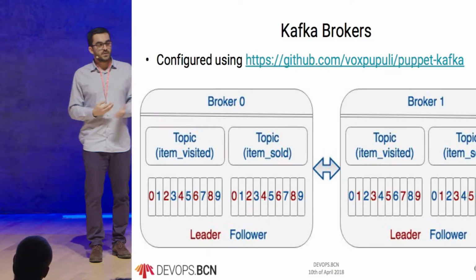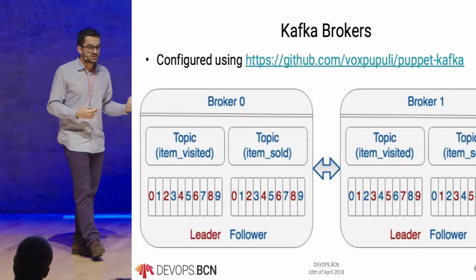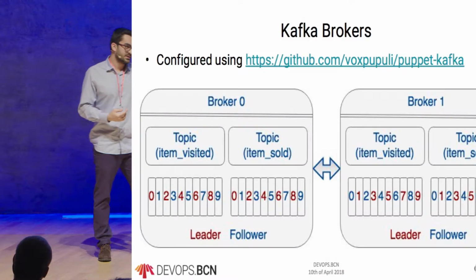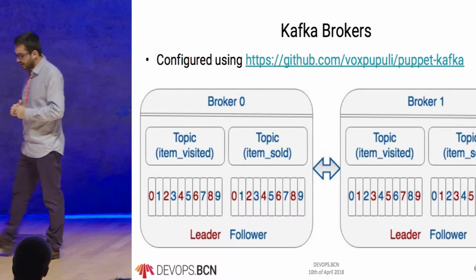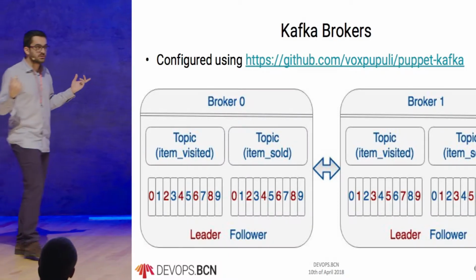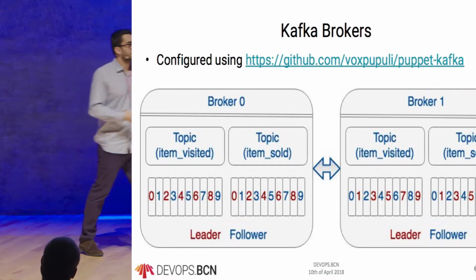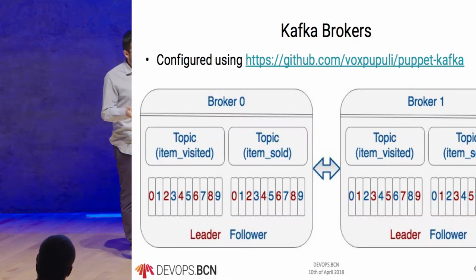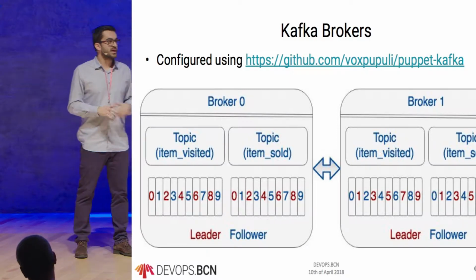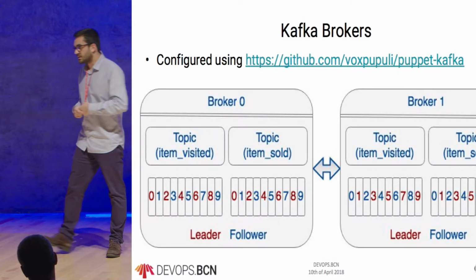If you look at the topic item visited, partition 0 in broker 0 is the leader, and on the other side, it's the follower. Leaders take care of all the reads and writes of your data into the topic. And you can repartition easily using some management tools that I will show you in a couple of slides.